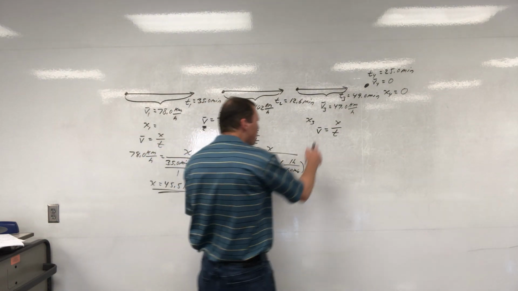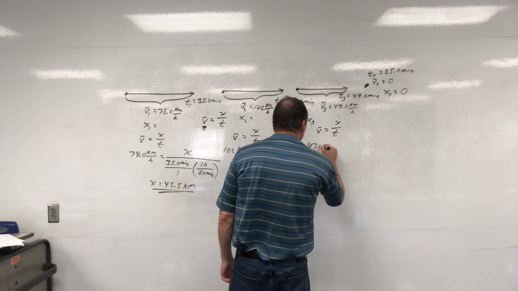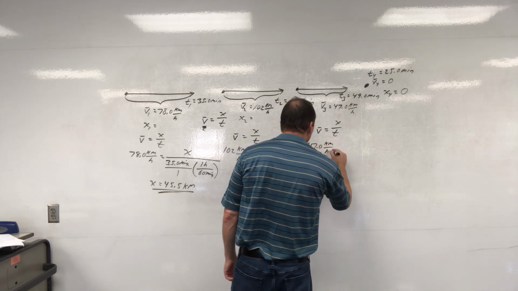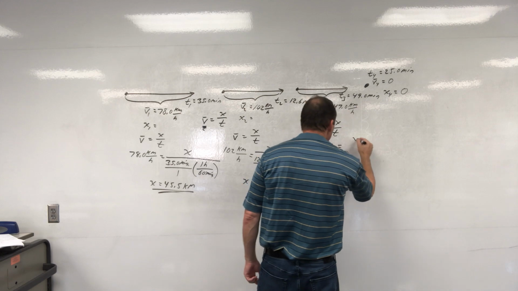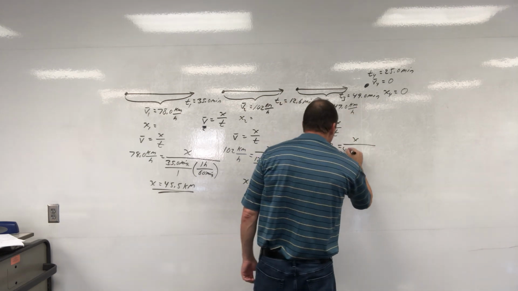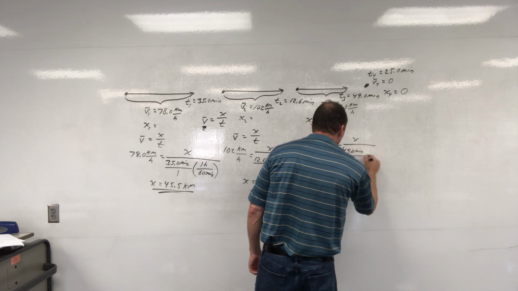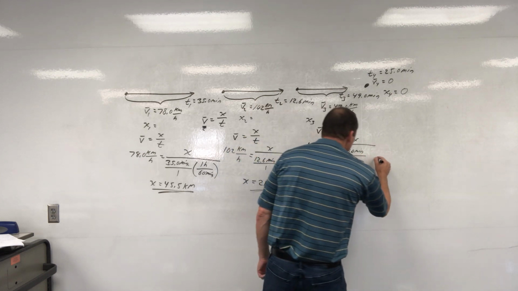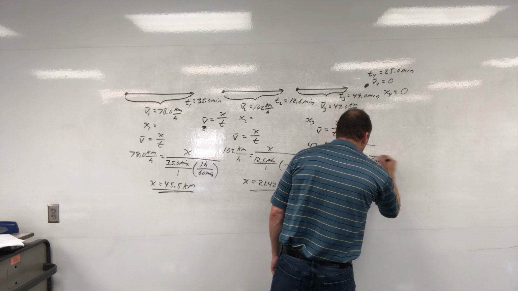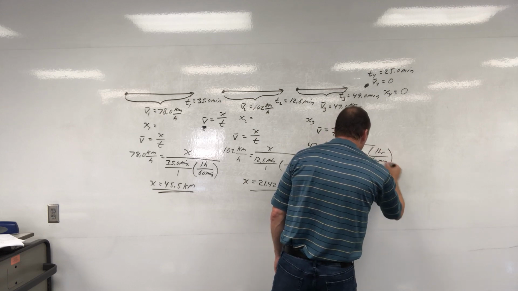All right, average velocity, 47.0 kilometers per hour equals displacement over time, and the time is 49 minutes. So 49.0 minutes over 1, with 60 minutes in 1 hour.